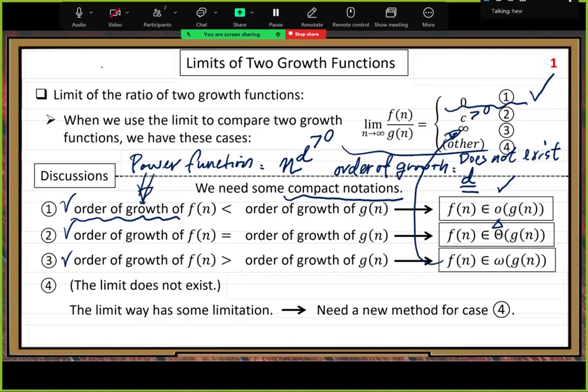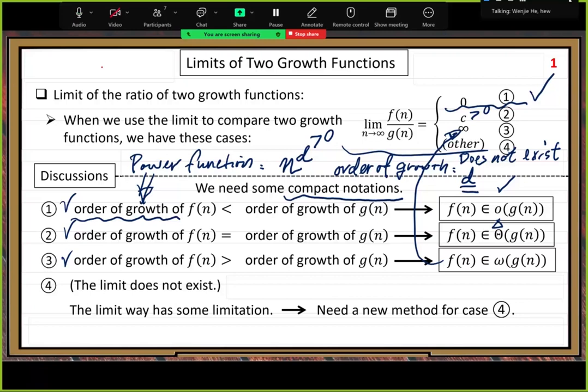Then you may ask, if a function is not a power function, how can we get an order of growth of that function? Sometimes that's not very easy to answer. Here, let me try to answer that. For a non-power function, how to see its order of growth?